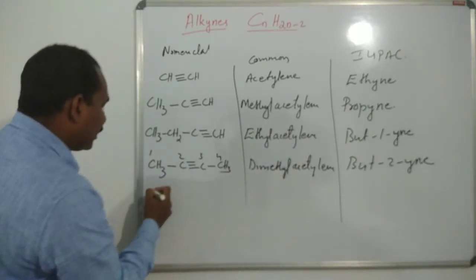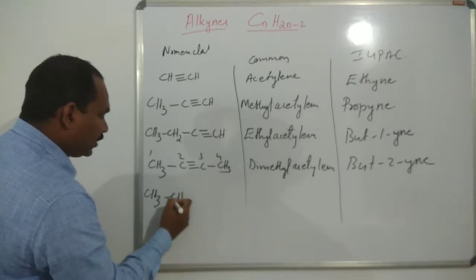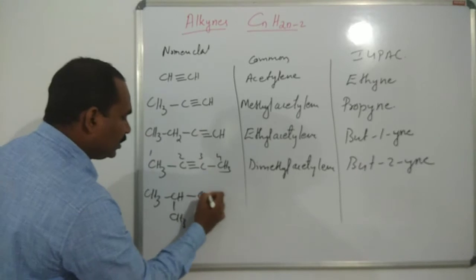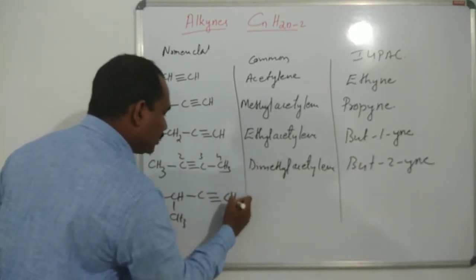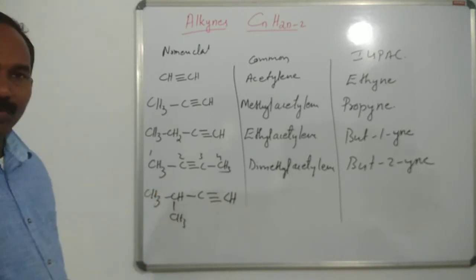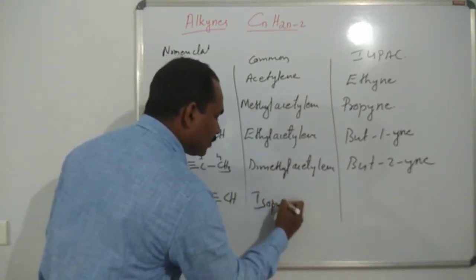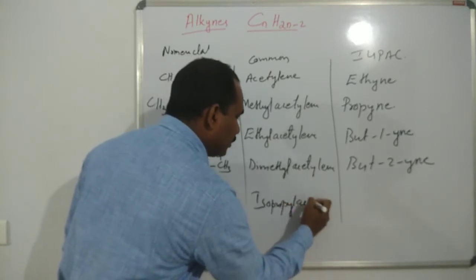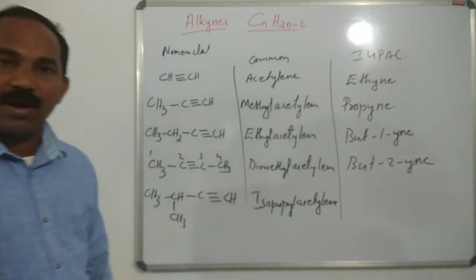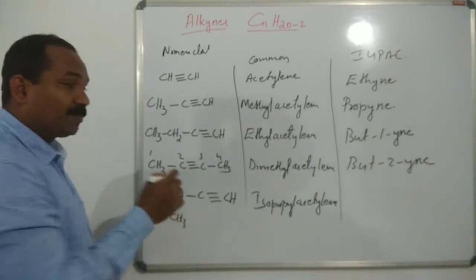Yes. Then another one. CH3, CH, CH3, C triple bond CH. It is an isopropyl group, so isopropyl acetylene. What is the common name? In common name, we give the priority.